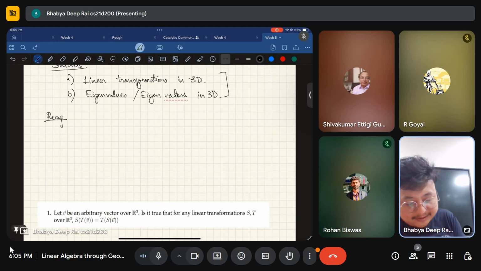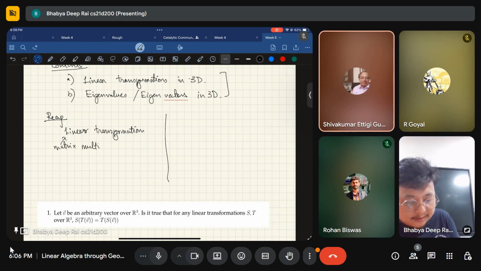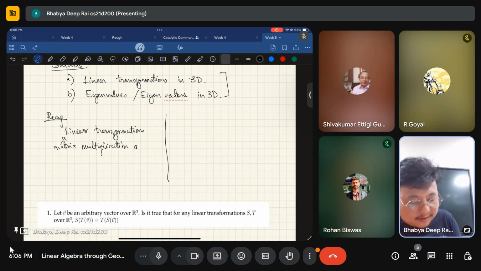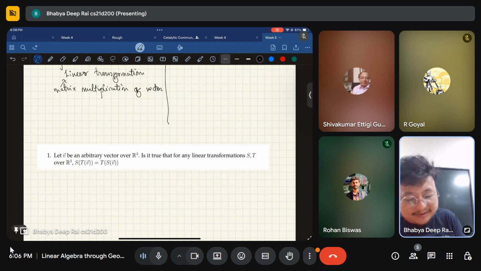So the first thing is, what is a linear transformation? It is a transformation that can be represented as a matrix multiplication of your vector. And what do you mean by matrix multiplication of a vector?